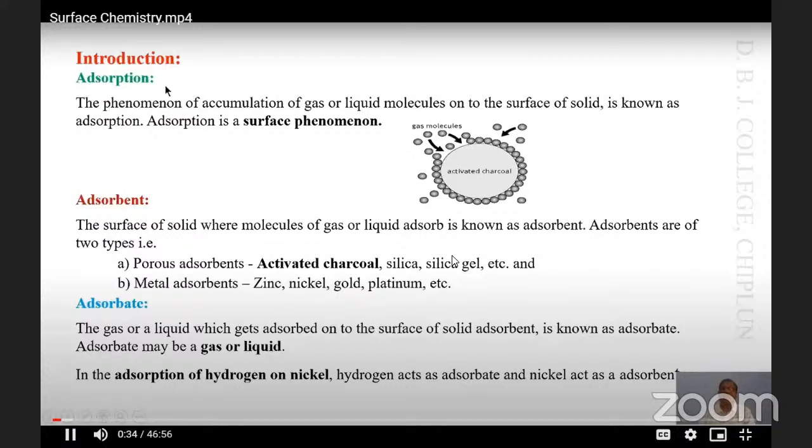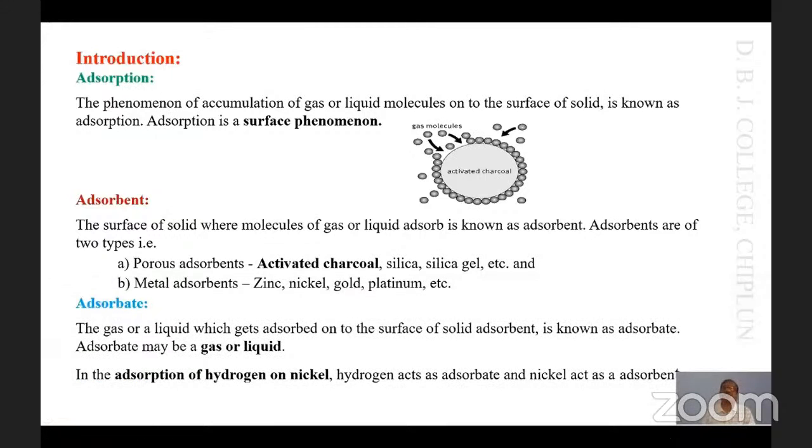See, when we expose the metal surface to a gas, then the molecules of the gas get collected onto the surface of the metal. Or when we dip a chalk piece or activated charcoal in a liquid, the molecules of the liquid get collected onto the surface of that chalk piece or activated charcoal.